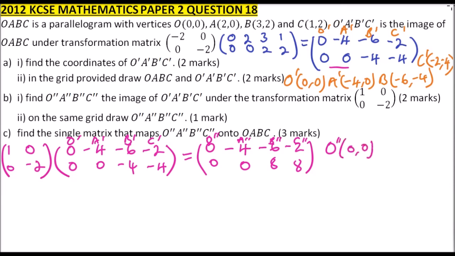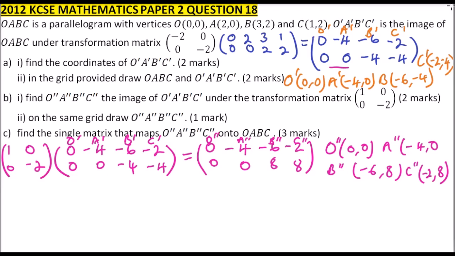We have A double prime, minus 4, 0. Then we have B double prime, minus 6, 8. And finally we have our C double prime, whose coordinates are minus 2 and 8.